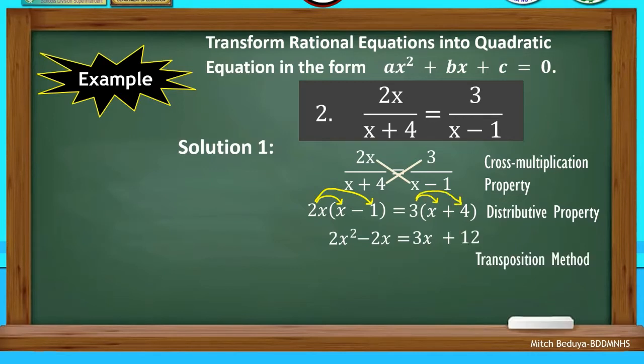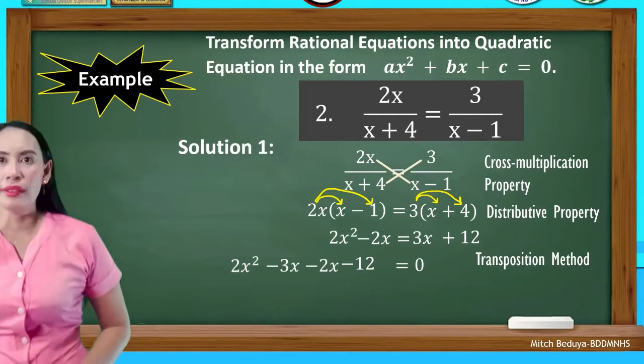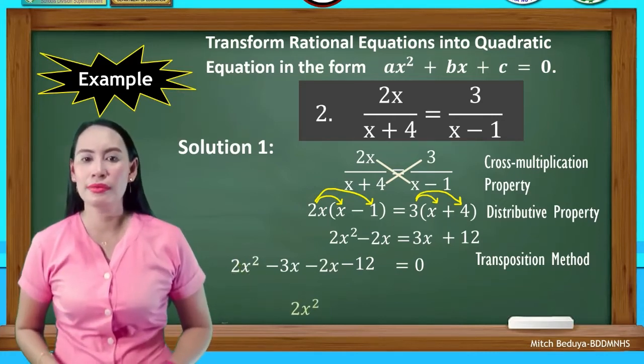Let's transpose the terms on the right side to the left side of the equation. So, 2x squared minus 3x minus 2x minus 12 equals 0. Next, 2x squared.